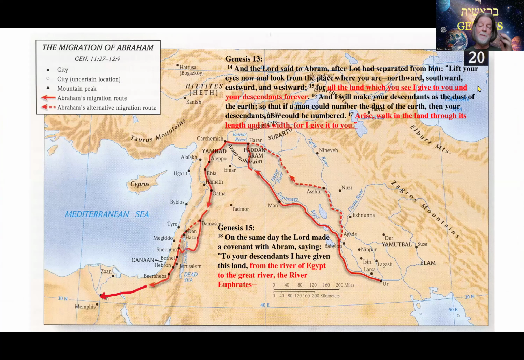I've kept this map in our background material because it defines the boundaries of the promised land as being from the river of Egypt on the west, which would be the Nile River, to the great river Euphrates on the north and the east. And I just like to point out that that's a larger piece of real estate than has ever been occupied by Israel and the Jewish people.